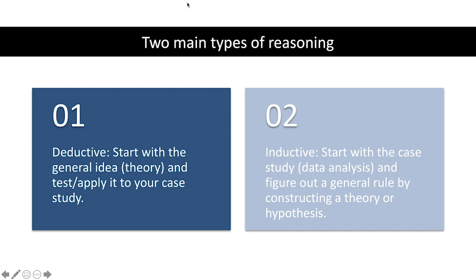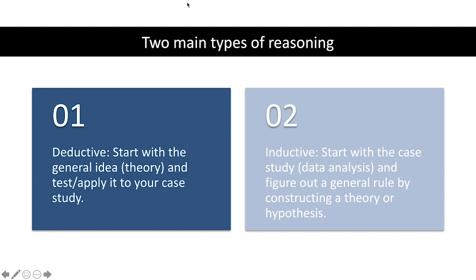This is an idea that is introduced in this chapter, but we'll follow up with it next week: the difference between deductive and inductive processes. A deductive one starts with a general idea or a theory, and then the research that you do tests that idea by collecting data.